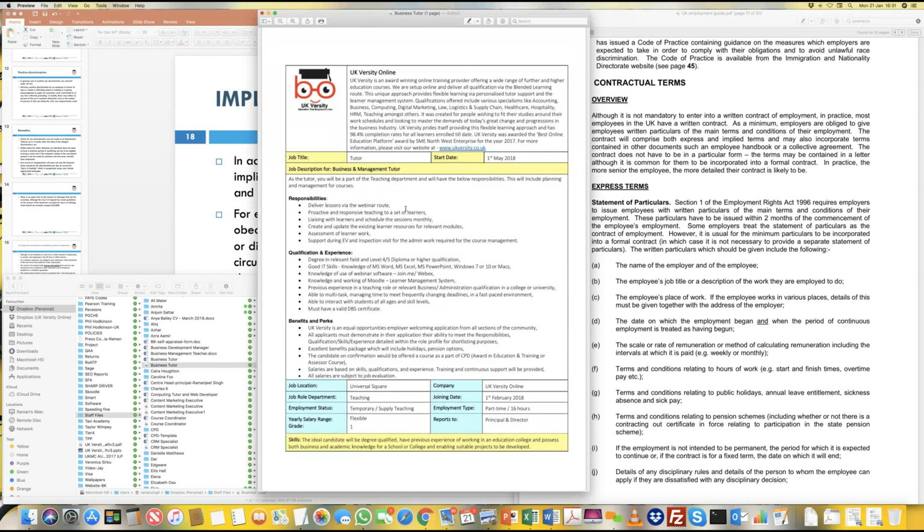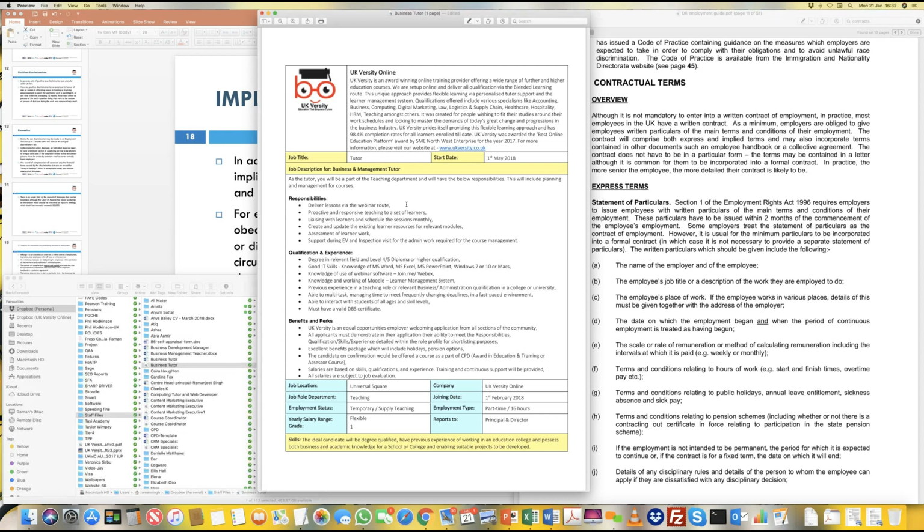So this is essentially an implied term. It is implied because it is not directly written into the job description. But if I ask the lecturer to come in and deliver a lecture in the class, he expects to be paid for that lecture, because he's not going to deliver it free of cost.